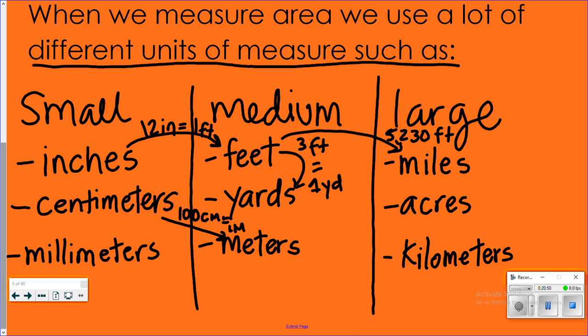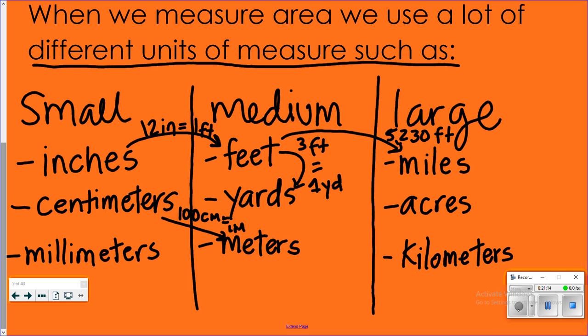If I'm going to be measuring this room, what unit do you think I might use? Ethan, we have got to start raising our hand, friend. If I'm going to measure this room, what unit might I use? Eliana, what do you think?